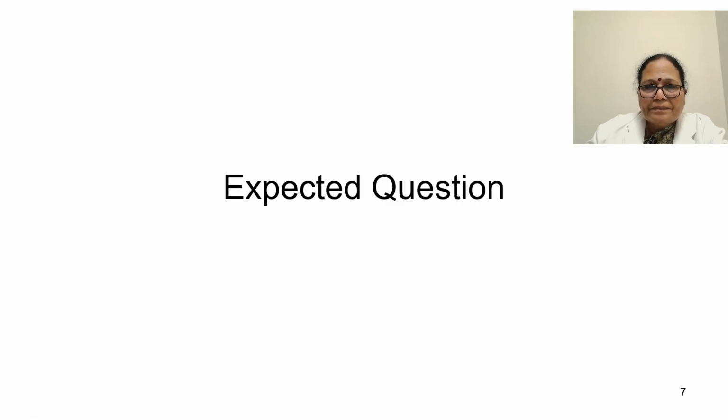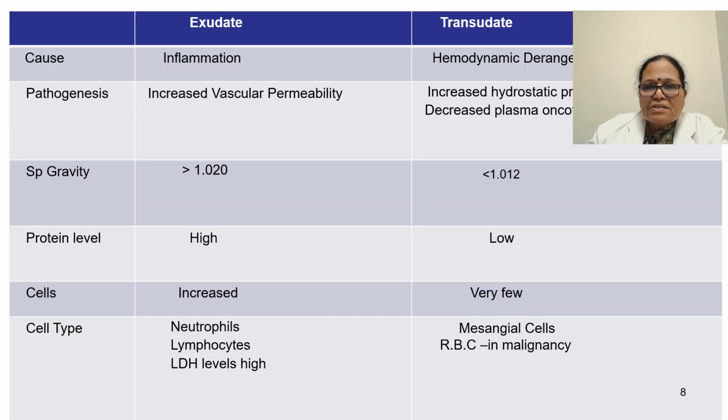Now, the next slide which I'm going to show is an expected question. I can say 100% you can get this question, if it has not come for the previous batch. This is exudate and transudate. It should be done in a tabular column.